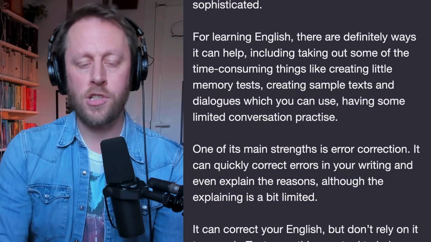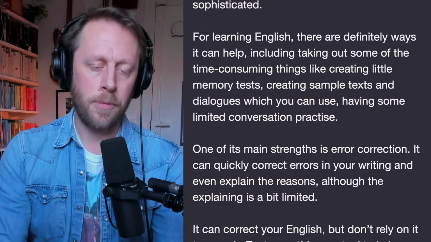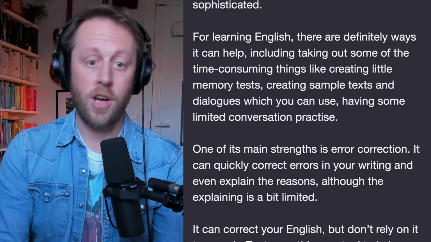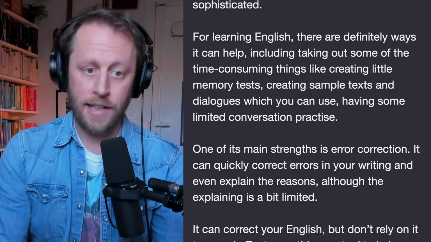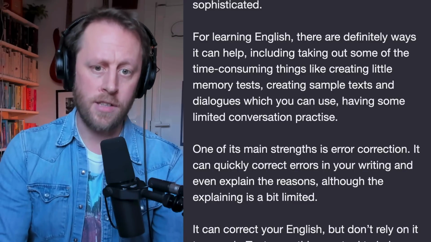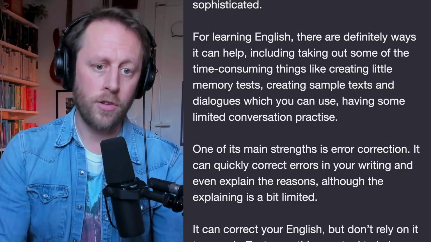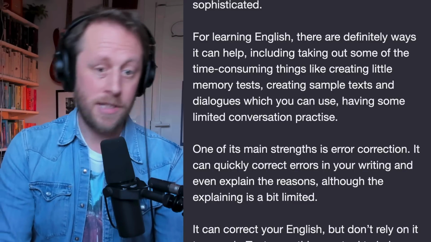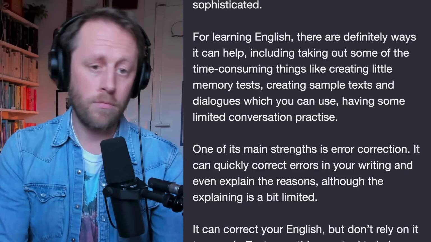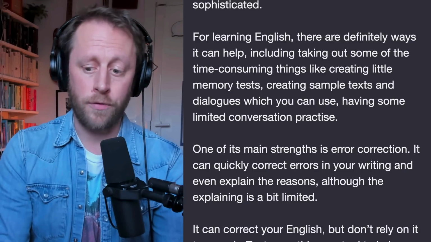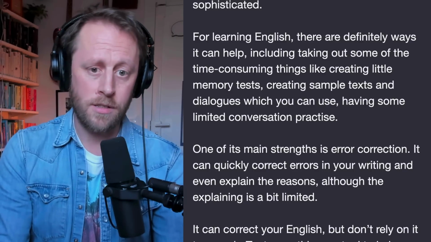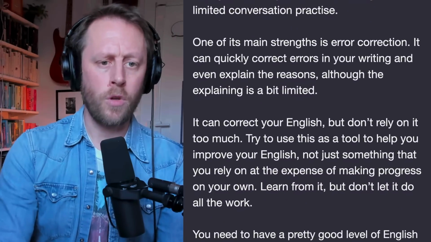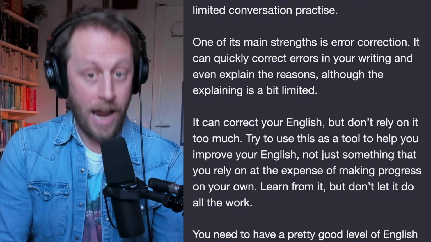For learning English, there are definitely ways it can help, including taking out some of the time-consuming things like creating little memory tests, creating sample texts and dialogues which you can use, having some limited conversation practice. So, it does take the time out of some of those time-consuming things. One of its main strengths is error correction.